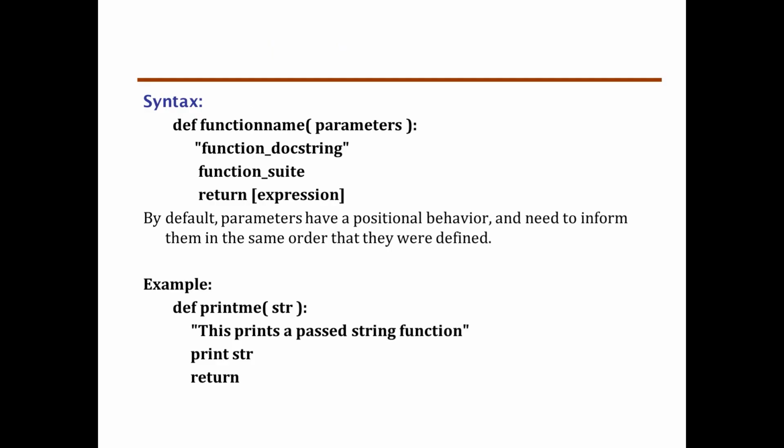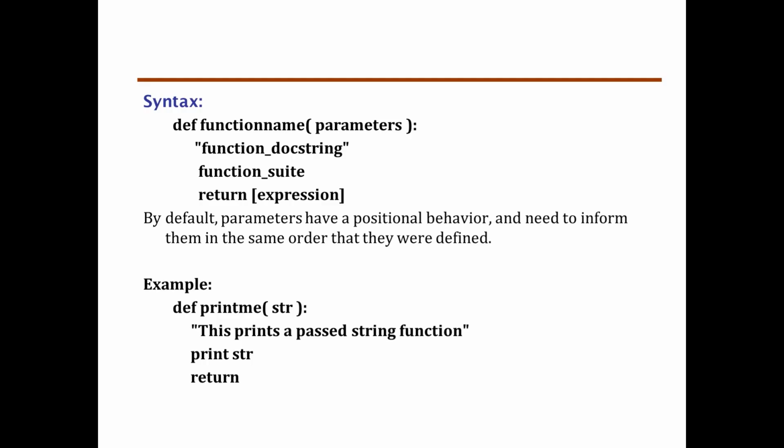So, here is the syntax of the function definition. The keyword def is followed by the function name and whatever parameters it receives, followed by the docstring, then the body of the function, called the function suite, which is what the function performs, and finally the return statement.